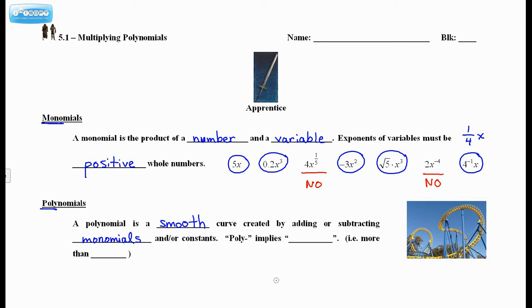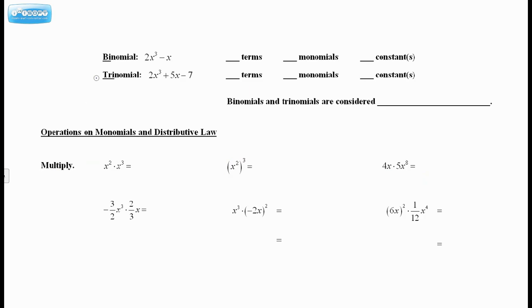So poly implies many. Not a specific number, just many, i.e. more than one. So if I say I have a polynomial, you have no idea how many monomials there are. There could be 2, could be 3, there could be 300. We don't know. So poly is just a generic term for a bunch of monomials. Monomial, of course, the mono implies one, so one term.